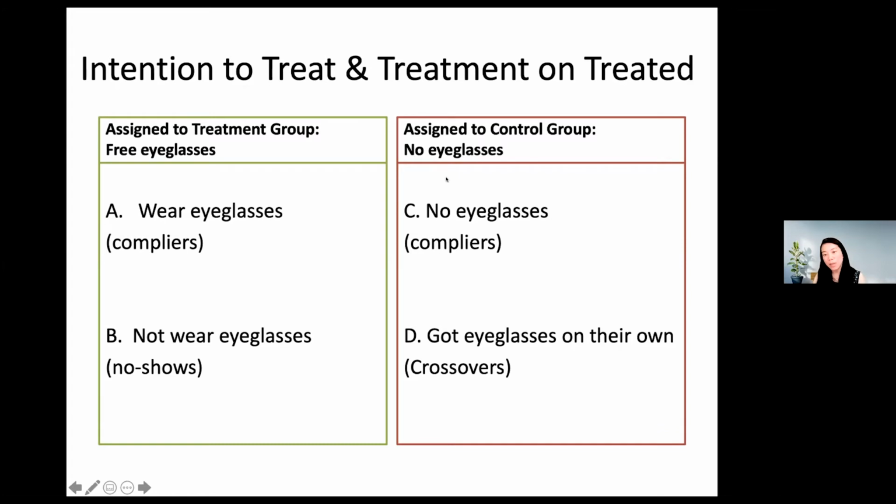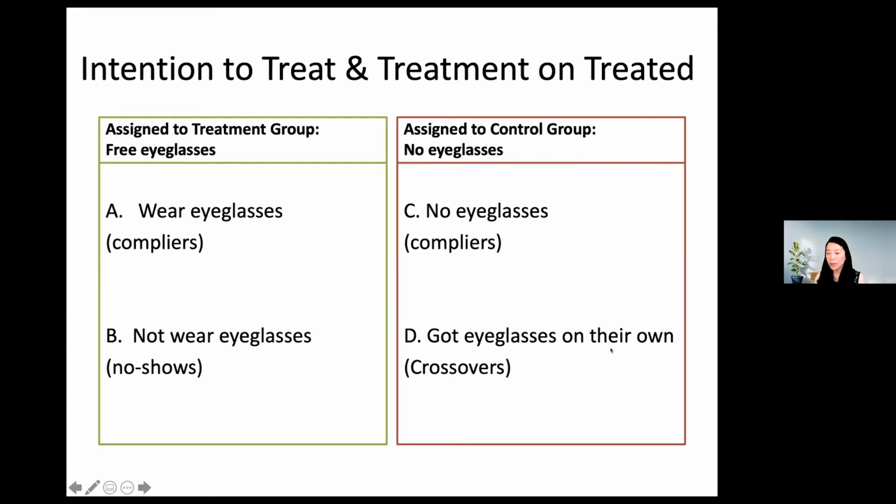And the same thing could happen for the students in the control group, right? In our perfect experiment design, at least for the implementation period, we don't want the students in the control group to wear glasses, but we cannot really prevent students from getting eyeglasses on their own, right?